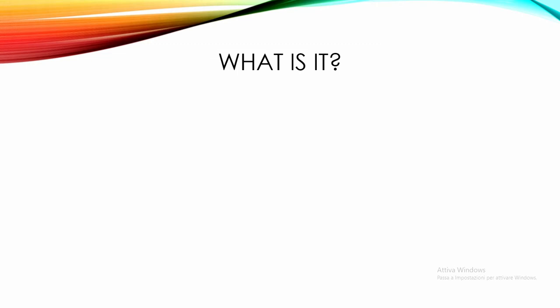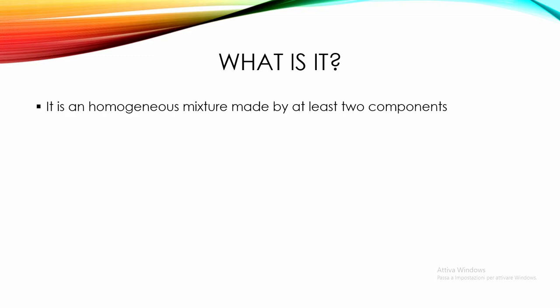So let's start from the question, what is a solution? A solution is a homogeneous mixture of at least two components, which are the solvent and the solute. Why do we use the words at least two components?